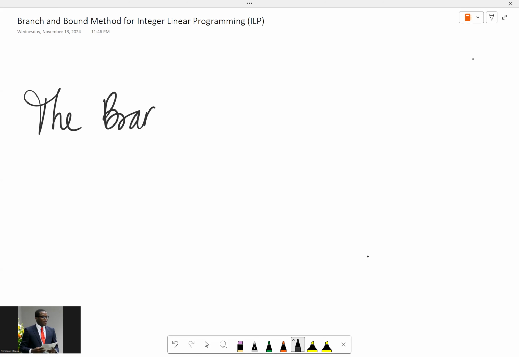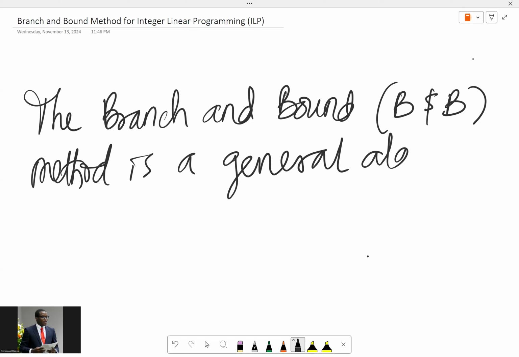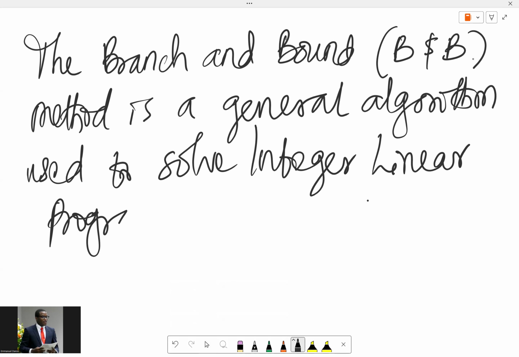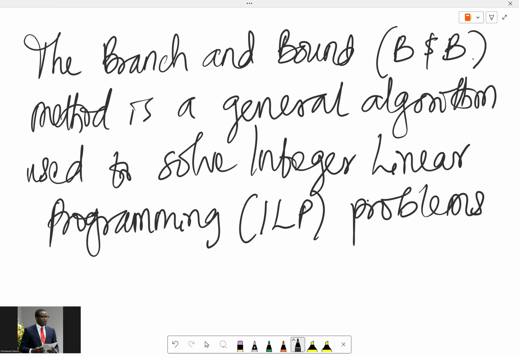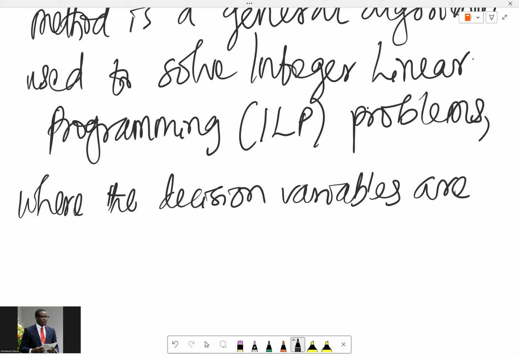The branch and bound, which you can call B and B, is a general algorithm used to solve integer linear programming, that is ILP problems, where the decision variables are constrained to be integers.